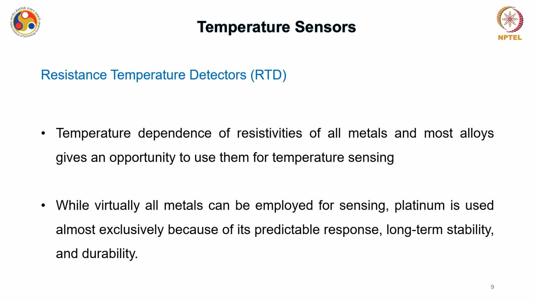While all metals can be employed for sensing, platinum is used almost exclusively because of various properties, including its predictable response, long-term stability, and durability. When I say predictable response, it means that from its transfer function, you can actually derive the response in the higher temperature region as well as in the lower temperature regions.